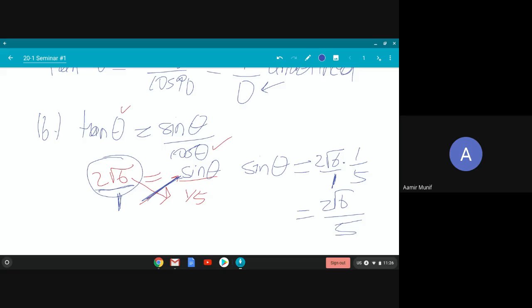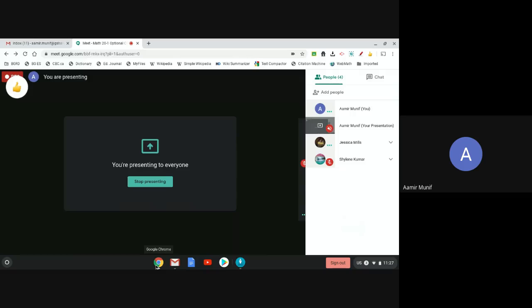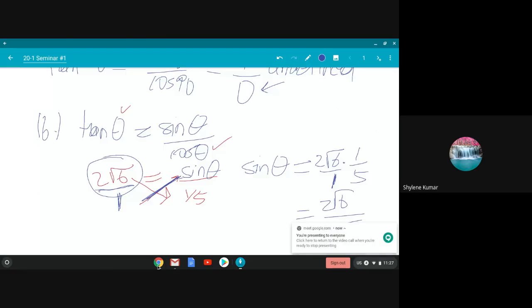That would be the best way of doing it, but to do this, you need to do a little bit of algebra. Shailene, does that make sense? Yeah. Okay, did you draw it out to get the answer? No, I kind of just looked at the numbers because if cos is 1 over 5, then wouldn't you just use 5 to go on the bottom of sine anyways, and then use 2 square root of 6 at the top, because that's what the formula for sine would be.